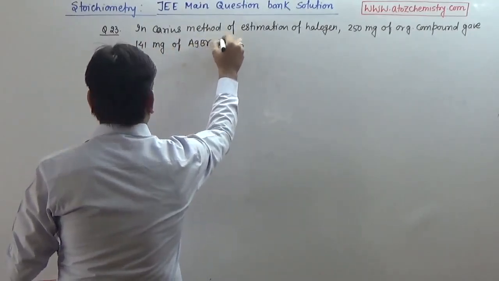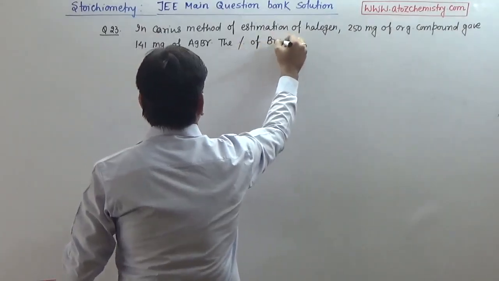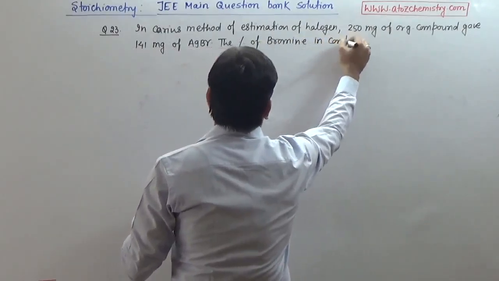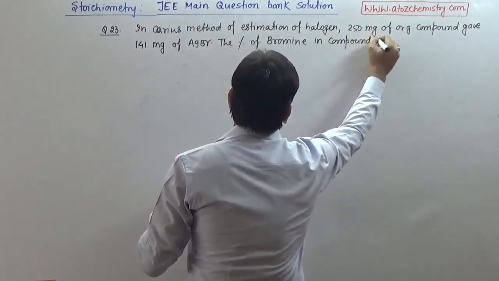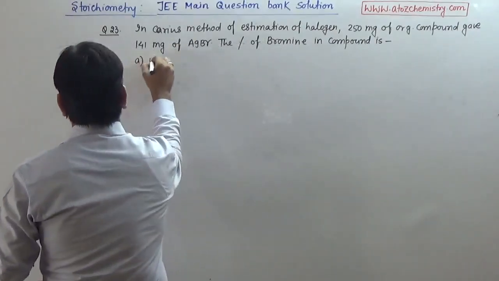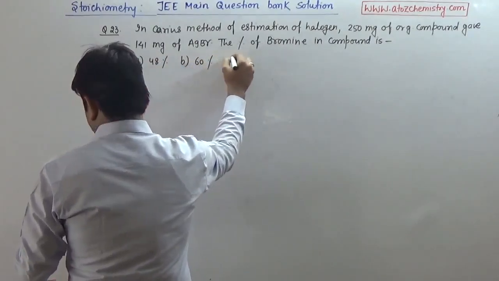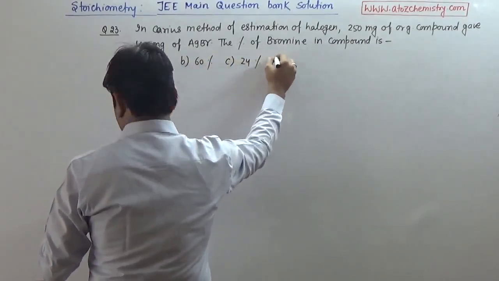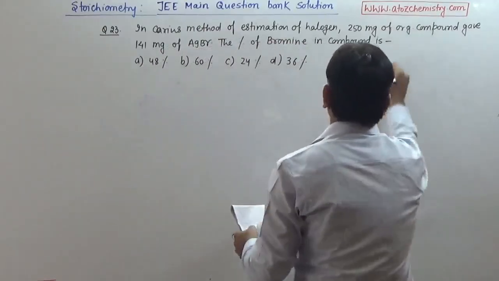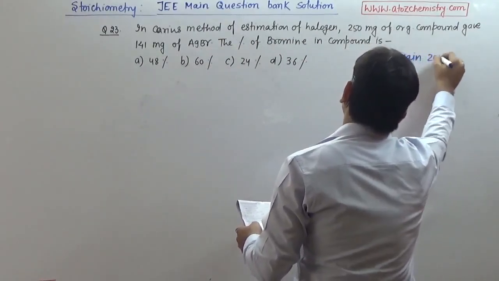The percentage of bromine in the compound is: option A is 48%, B option is 60%, C option is 24%, and D option is 36%. This is the question asked in JEE Main 2015.